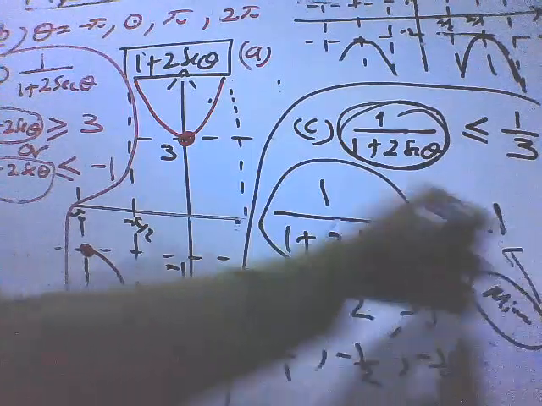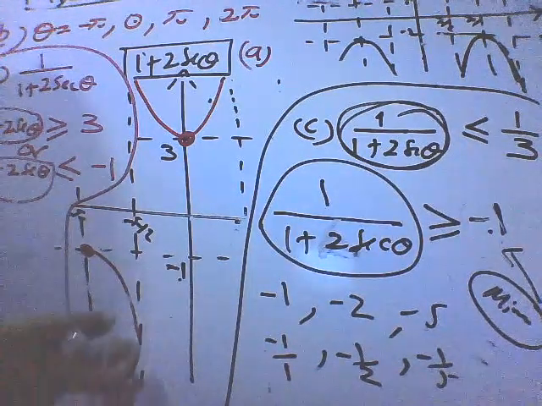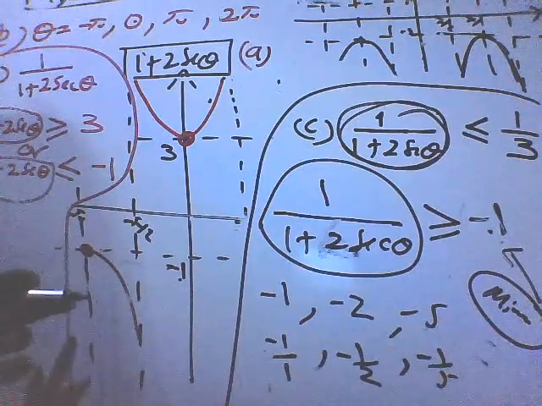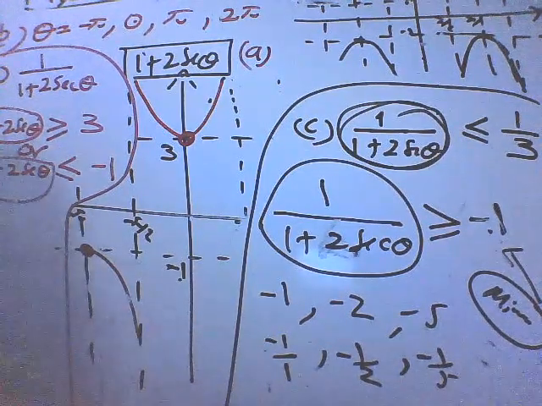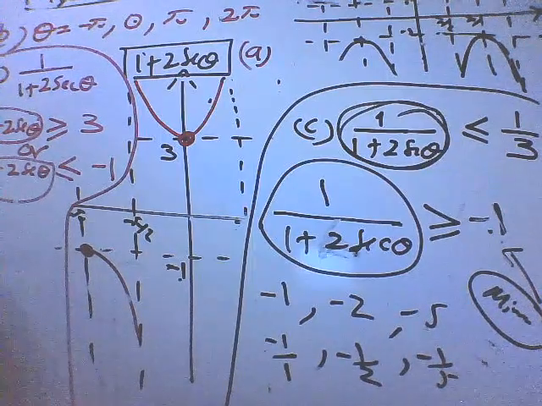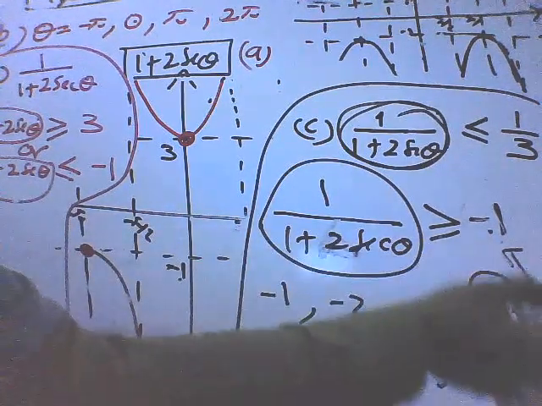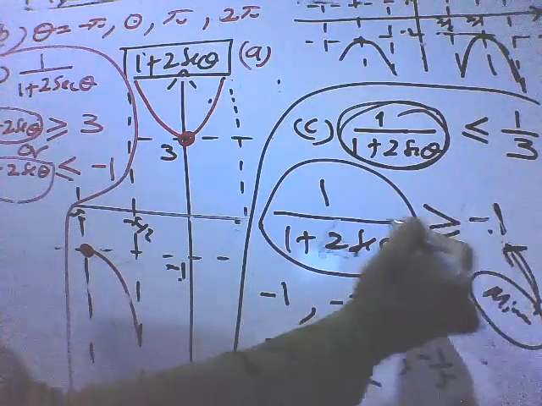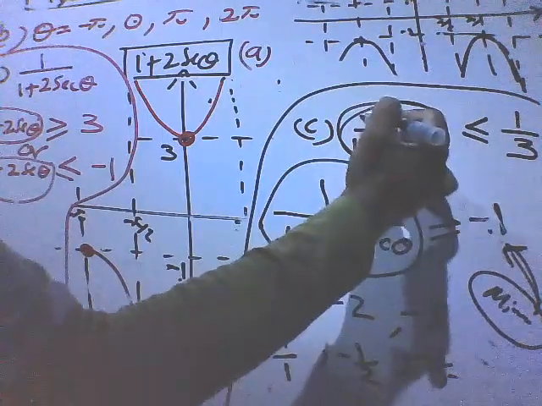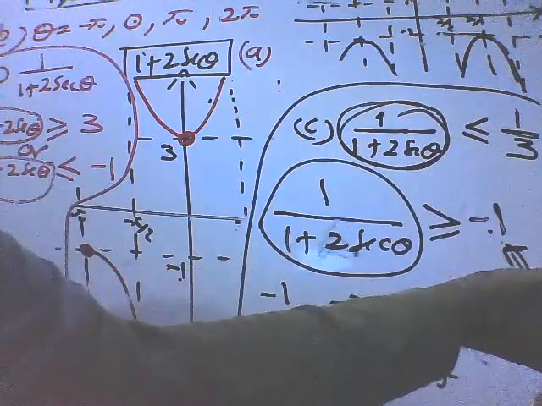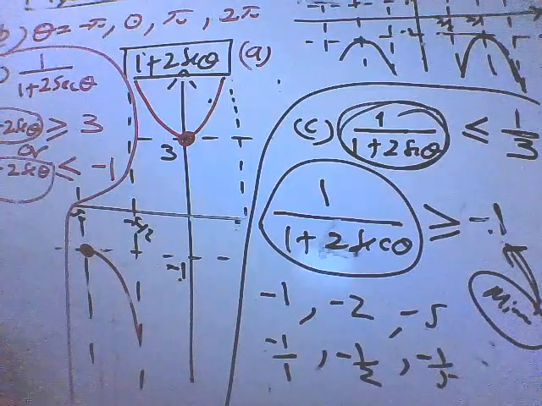I have not drawn it, but if you draw it, surely 1 over 3 will be always a maximum point, because the other values are going to be greater and greater. Here always this is going to be less than 1 over 3, so that is a maximum point.